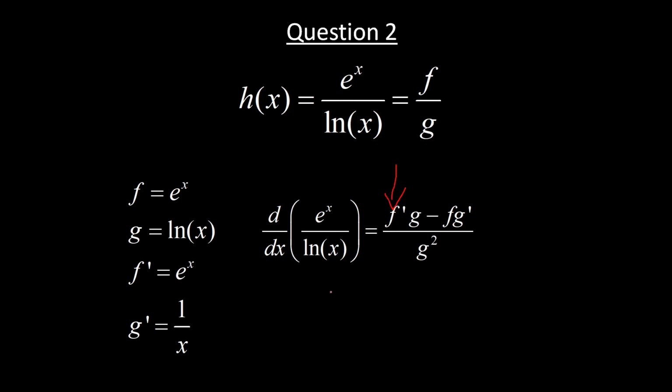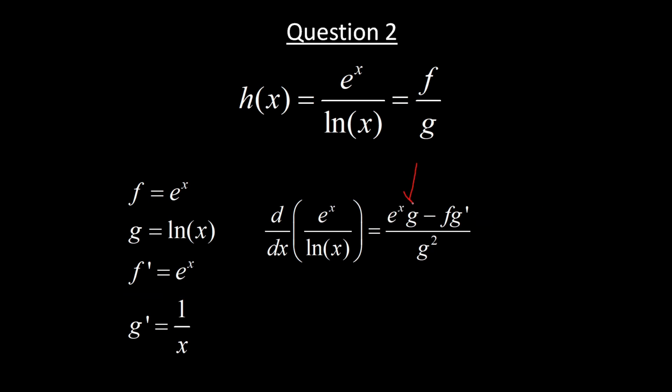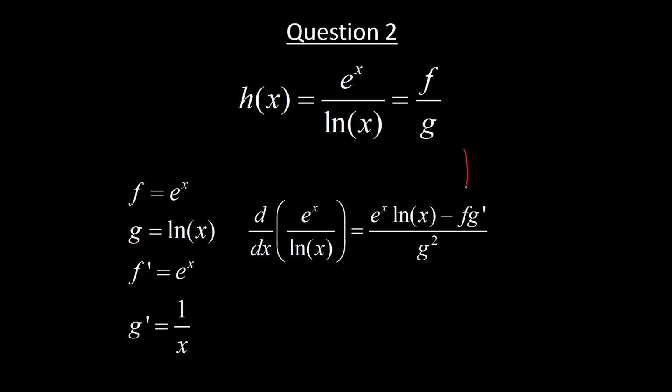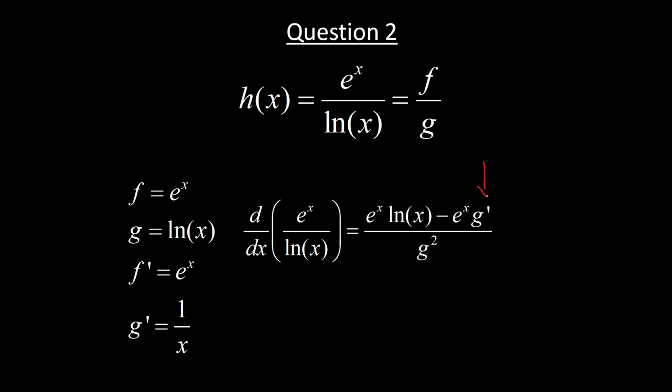So f prime is e to the x. G is log x. F is e to the x. And g prime, the derivative of g, is 1 over x.